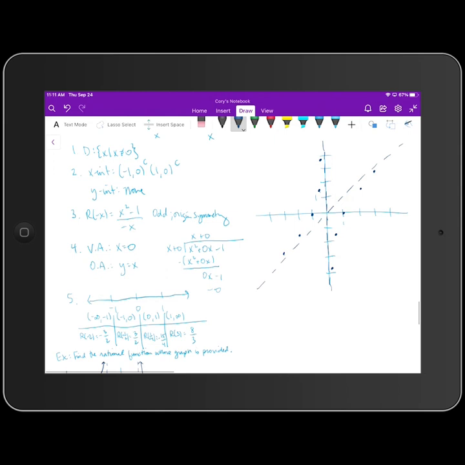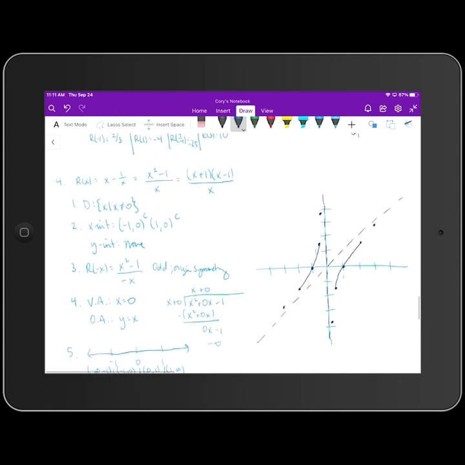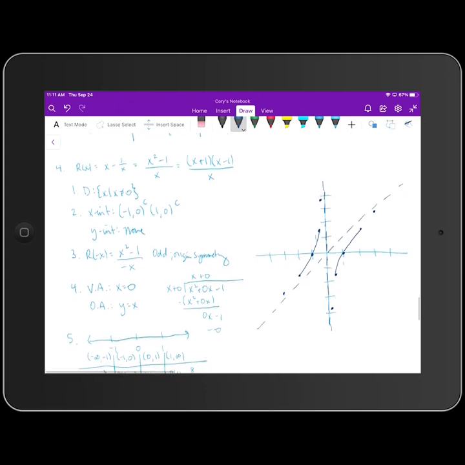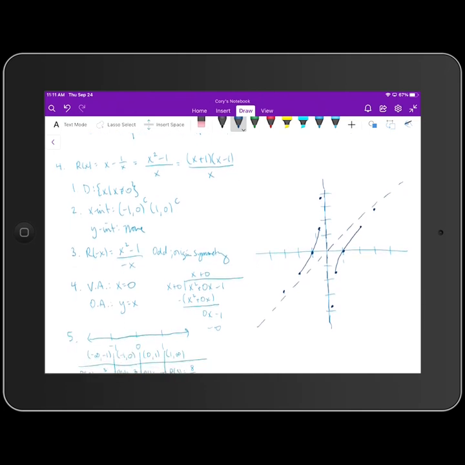So I'm going to start with the intercepts. It looks like the graph is going to cross the x-axis at both of these points, which makes sense because the multiplicity of both of those zeros is 1, it's odd. And then I'm going to draw my graph towards the asymptotes next. So I'm going to go to the vertical asymptote first.